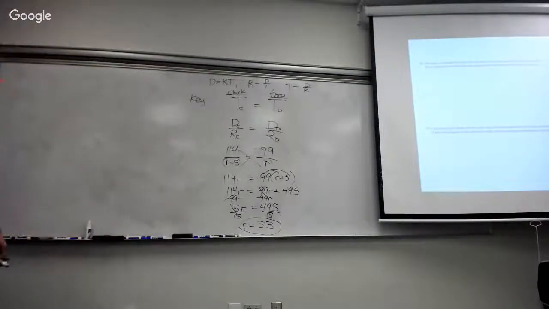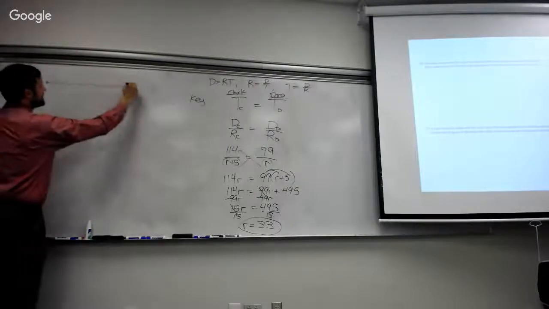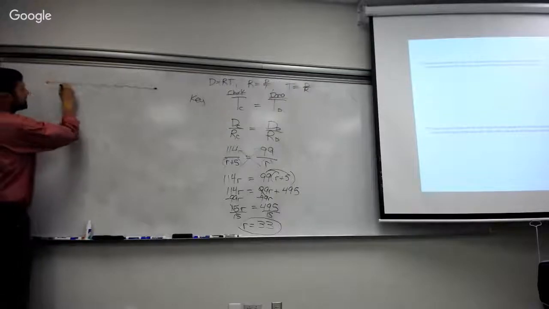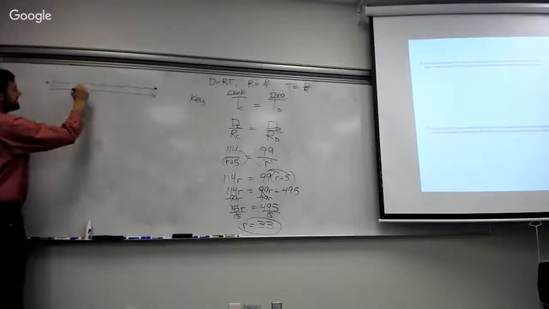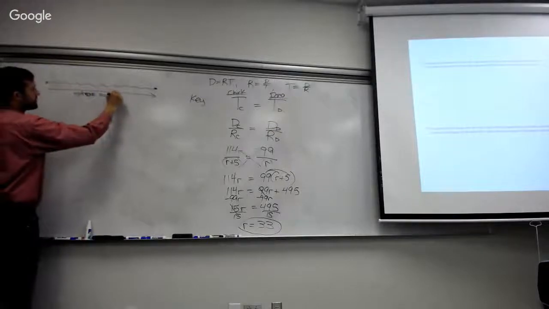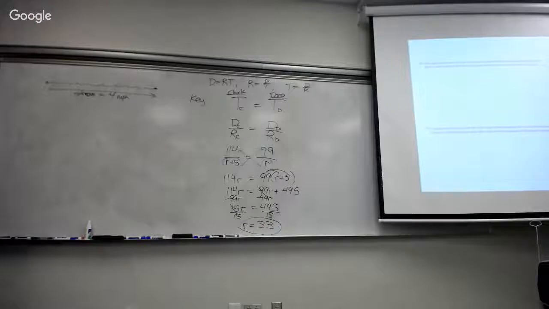The speed of a stream is 4 miles per hour. So how can we draw that? Here's my stream. And the speed of the stream, I'm just going to draw a long arrow here. I'm going to say that the stream is 4 miles per hour. Is that a fast stream?